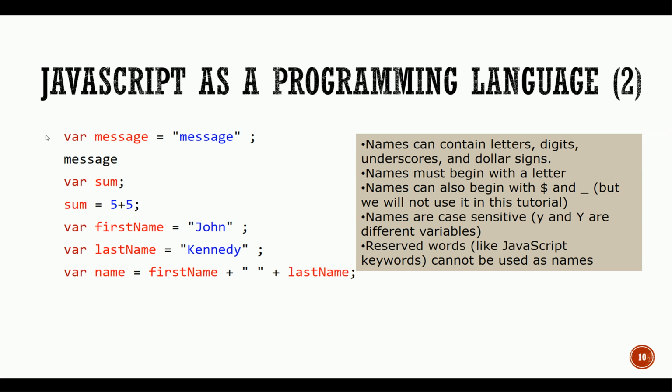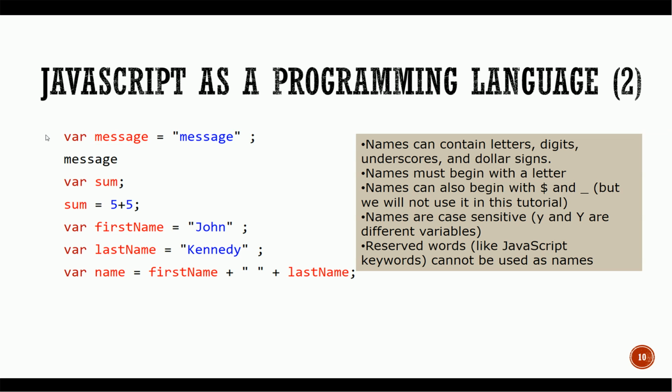This is another example where first we declare the variable sum, and then we have another line to assign the value for the sum variable. After this assignment, the sum will take the value of 10. So we can do it in these 2 ways: either we combine the declaration and assignment in one line, or we can separate it into 2 lines.